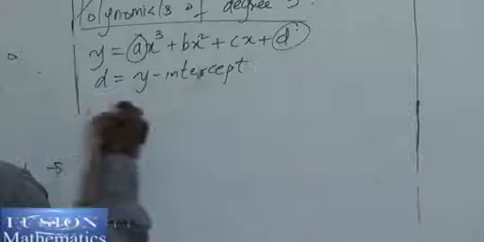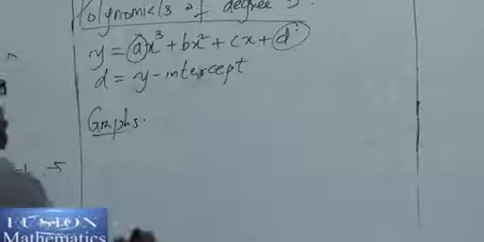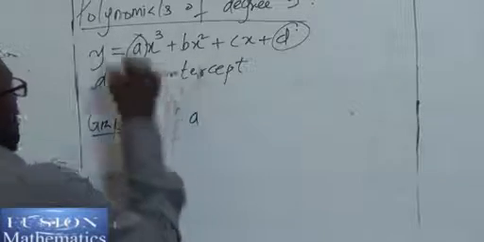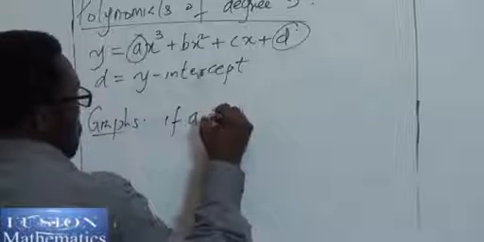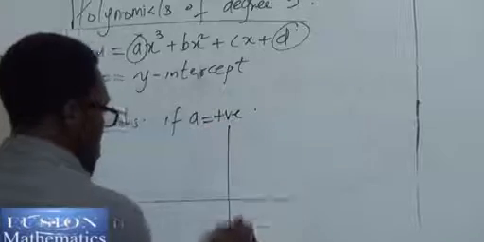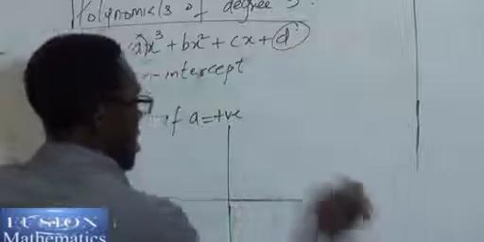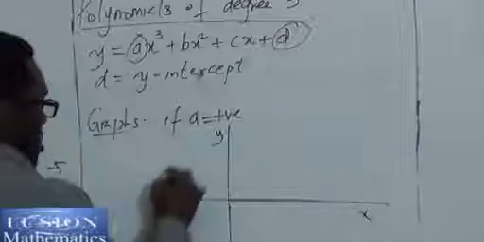For the graphs of the cubic polynomial, there are two conditions. If A, the coefficient of x cubed, is positive, the graph will look like this, on the x, y axis.